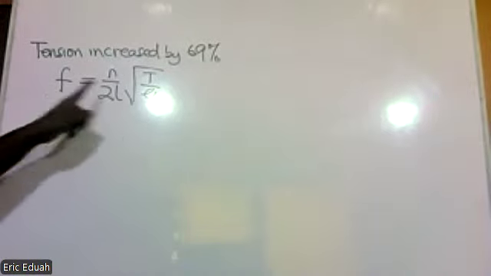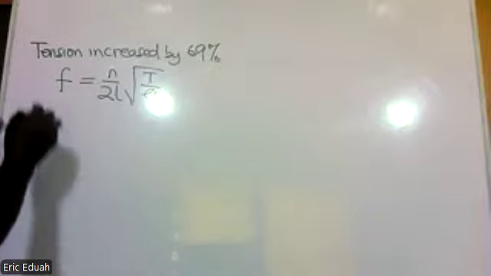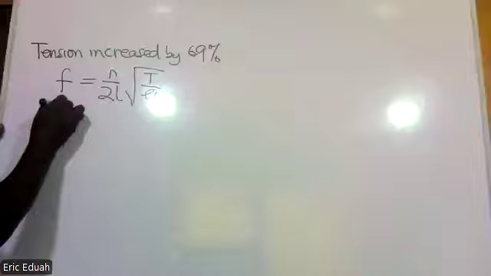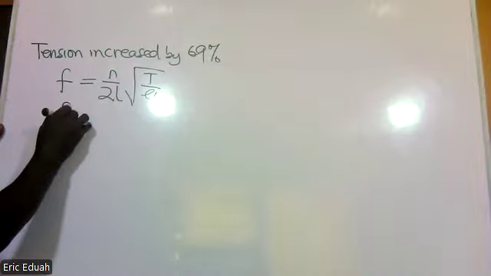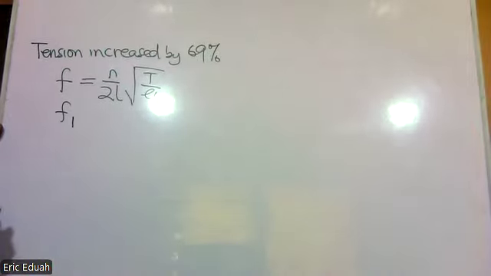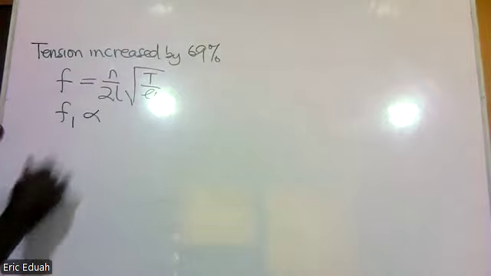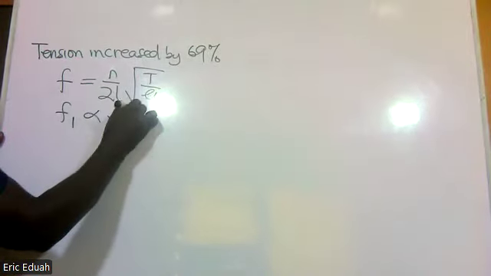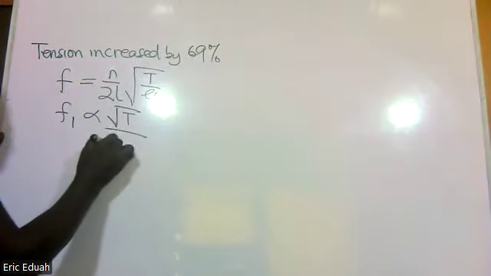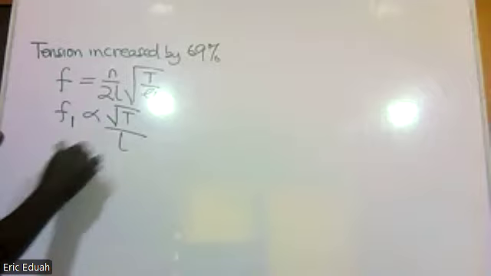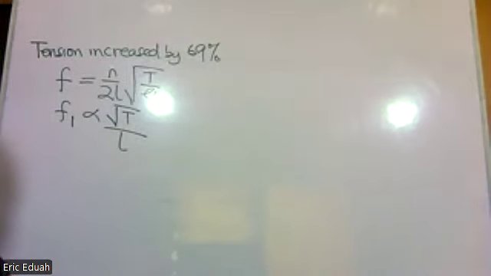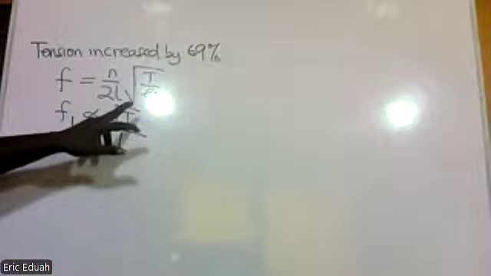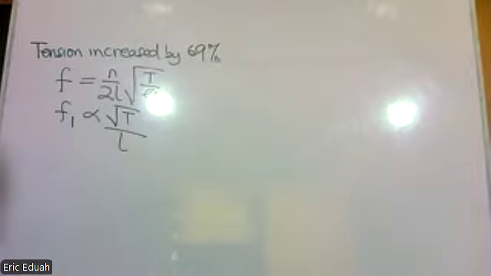F is constant. So if you pick F1, F1 must be proportional to root of the tension, and must also be inversely proportional to the length. This is because the mu is constant.